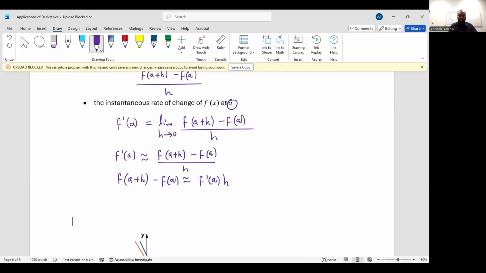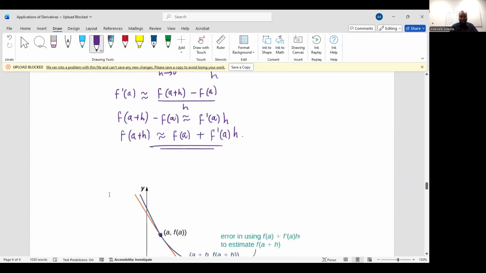And now that amount f of A plus h is approximately equal to f of A, I throw this guy to the other side, plus f prime of A times h. This is a formula we can use to find amount of change. We'll see how it is useful.